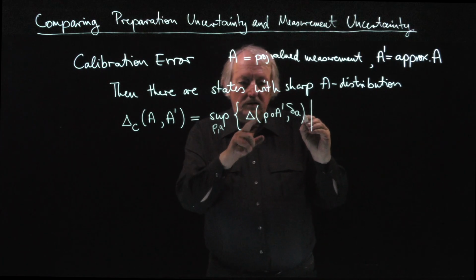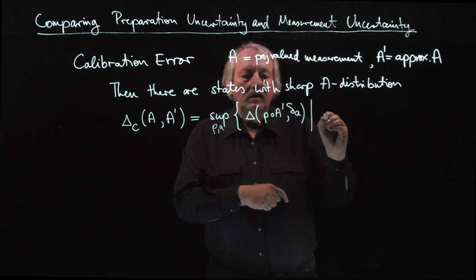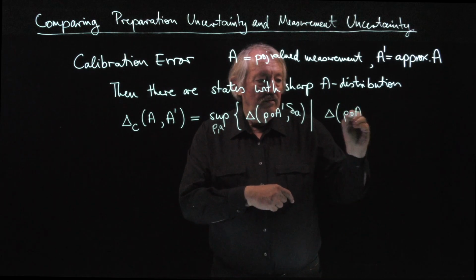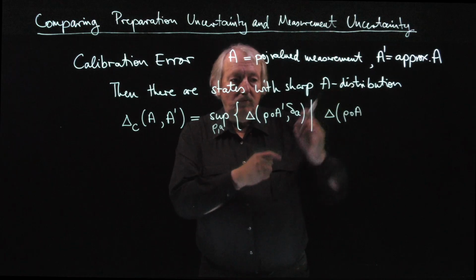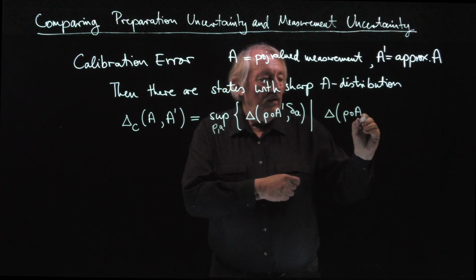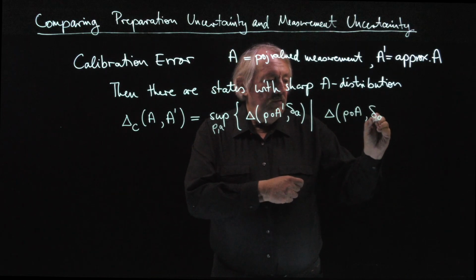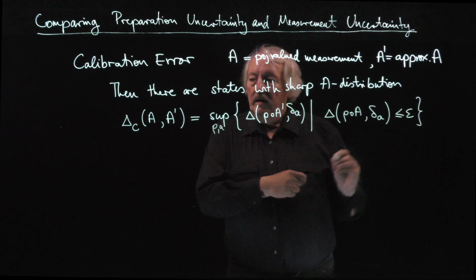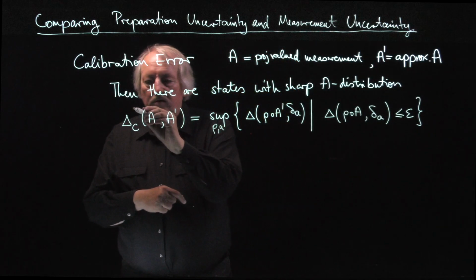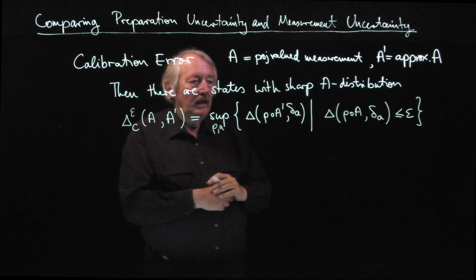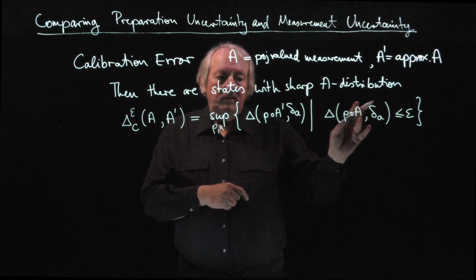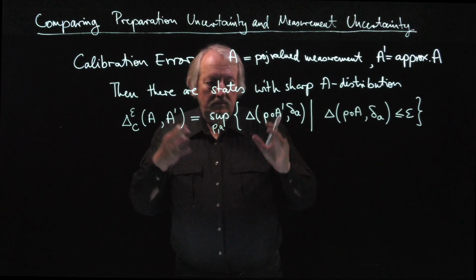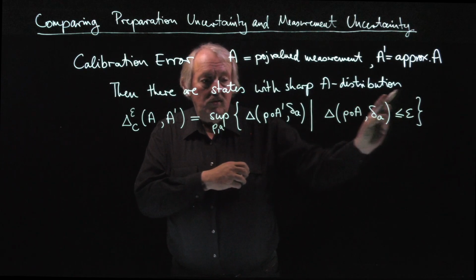And the condition on the states is that the distance with respect to the reference, right? So if you measure the reference observable on that state, you get delta A with very high precision. So let's say this is less than epsilon. Now this quantity will depend on epsilon, right? But actually, if you have discrete observables, you could actually make this epsilon equal to 0.